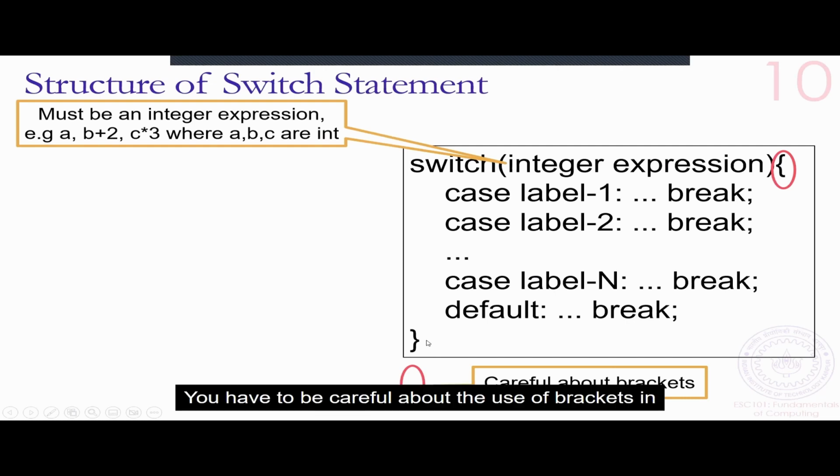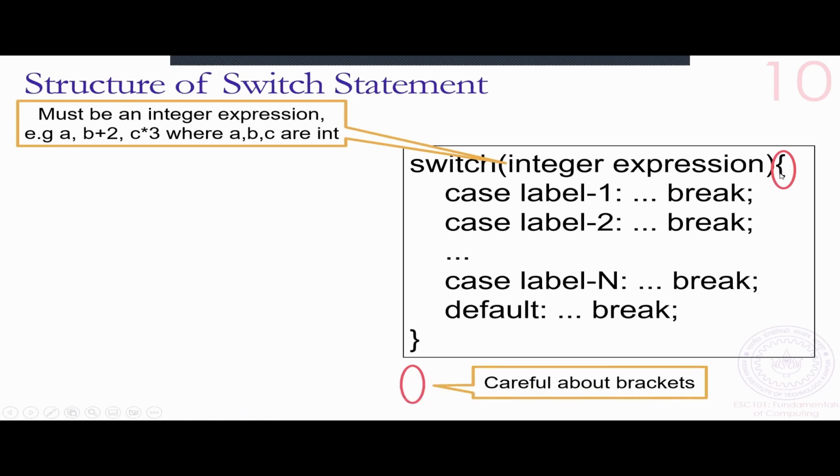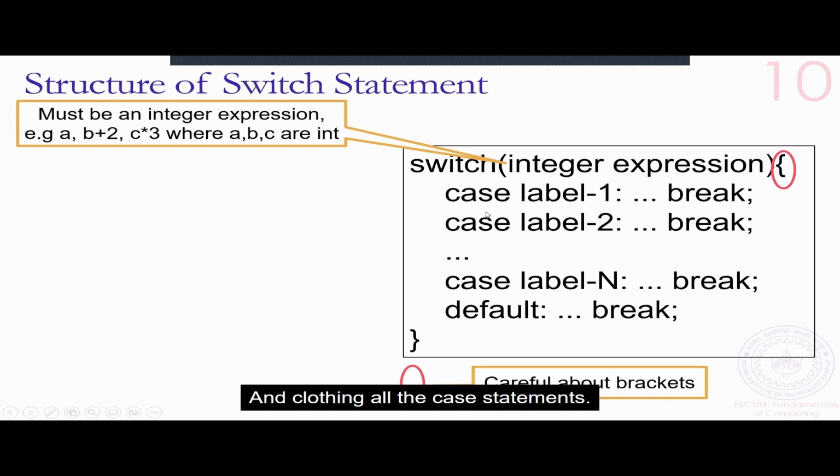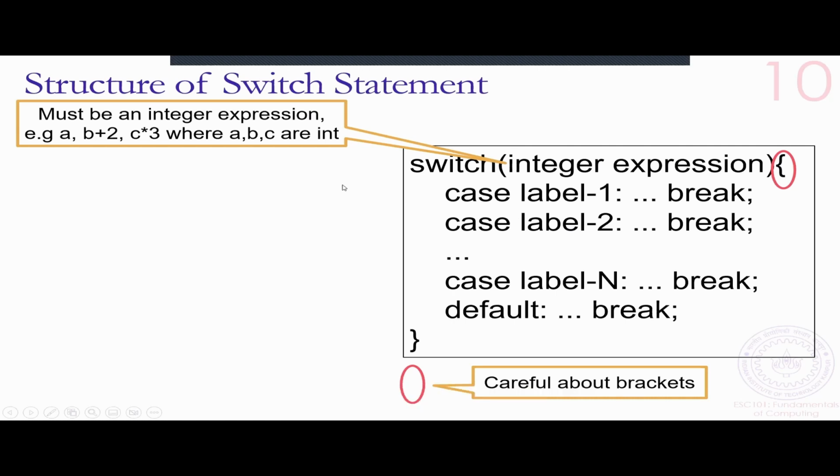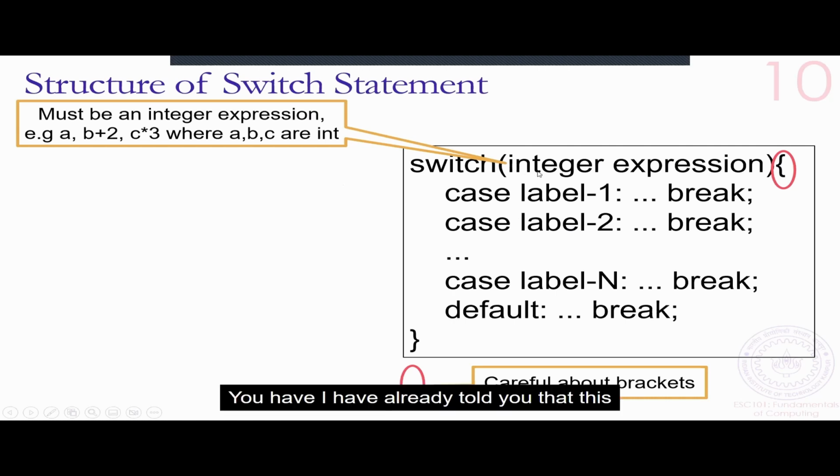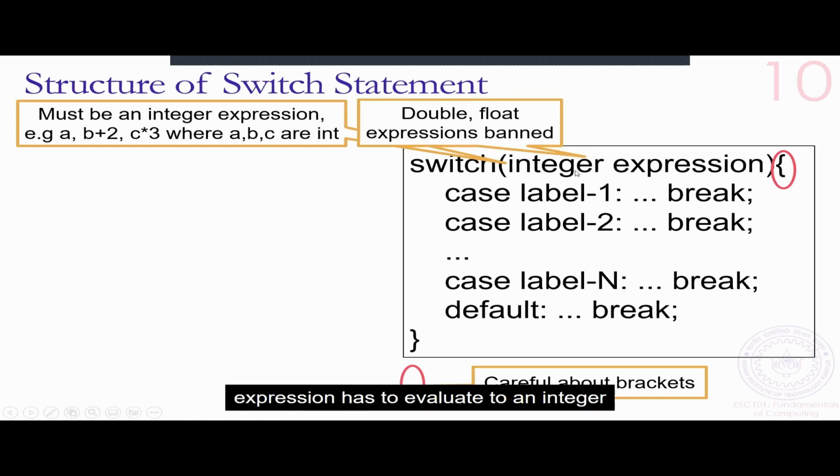You have to be careful about the use of brackets in the same way that we had this distinction in if else, where you have the simple brackets enclosing the expression that is evaluated, and you have these curly braces enclosing all the case statements. I have already told you that this expression has to evaluate to an integer.